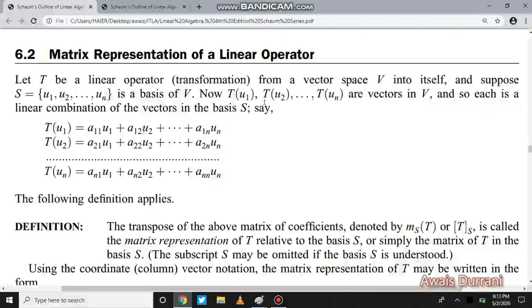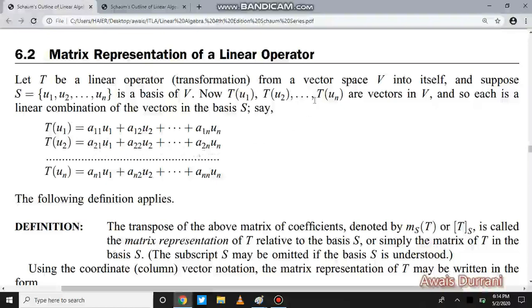Similarly, I am taking another element from the set V, that is T(U2), and this will also be spanned by this set. I mean, it will be written in the form of a linear combination of this. So similarly, I write T(U2) as A21 U1 plus A22 U2 up to A2N UN, where A21, A22 up to A2N are elements of the scalar set.